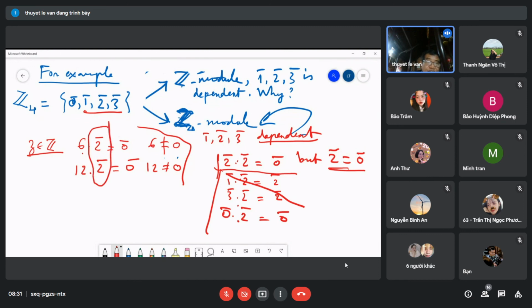So that is dependent, but the explanation is different. Okay, I will stop the lecture this morning here.